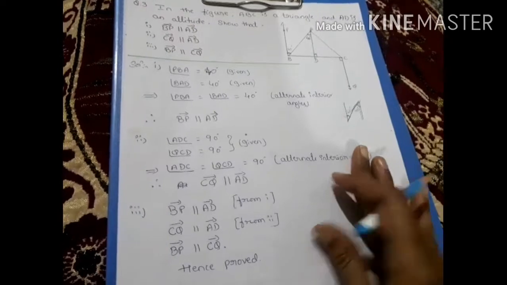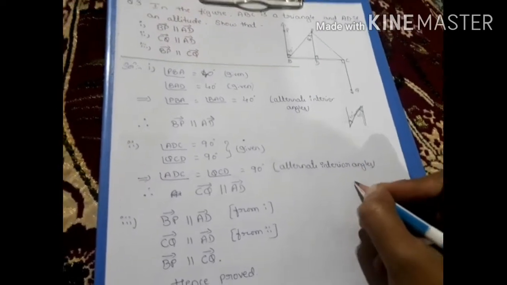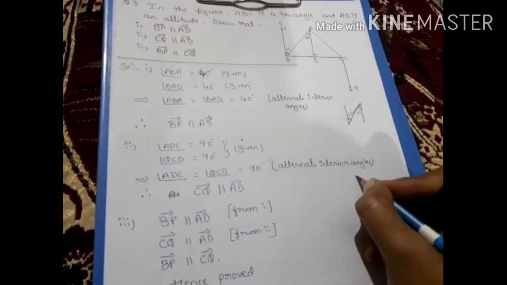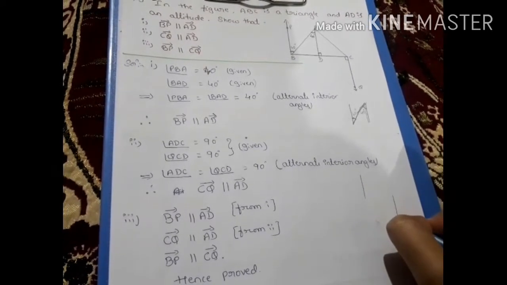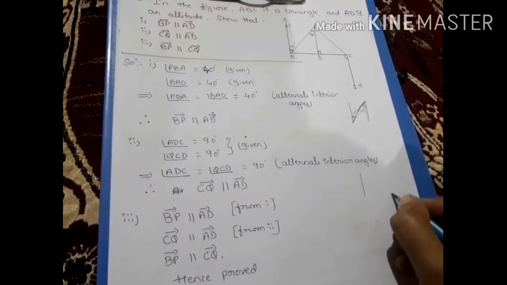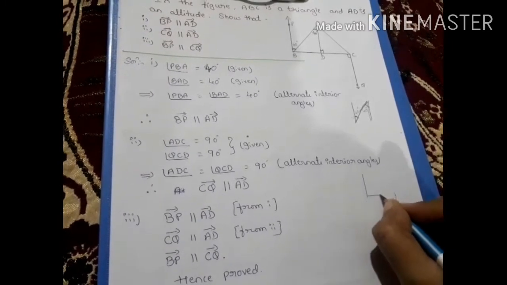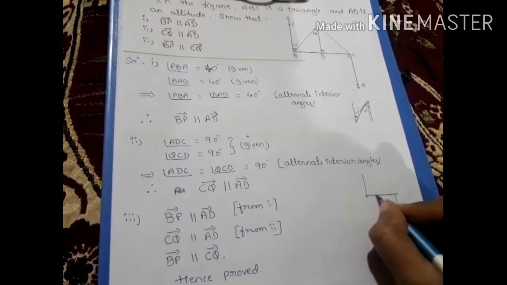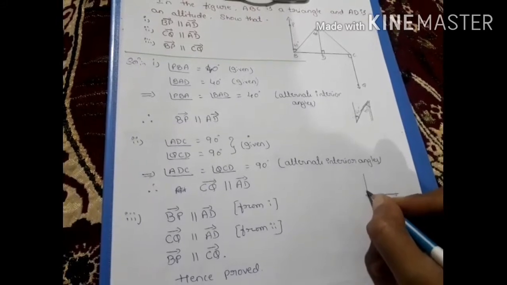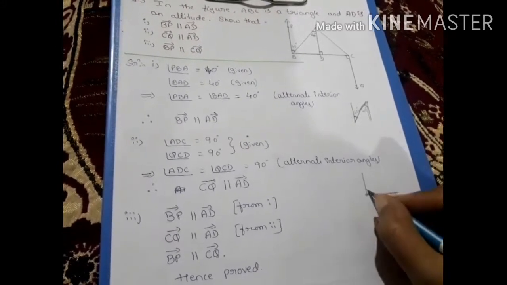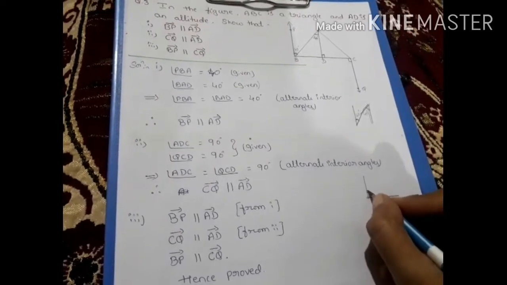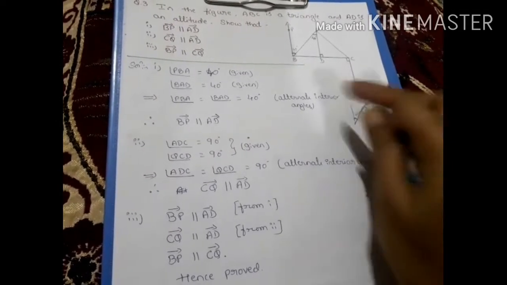So I will show here how they come as alternate interior angles. Consider the AD line. This is the CQ line. A line touches both the lines at different points. And here these two angles make alternate interior angles. These two angles are 90 degrees, given in the figure.